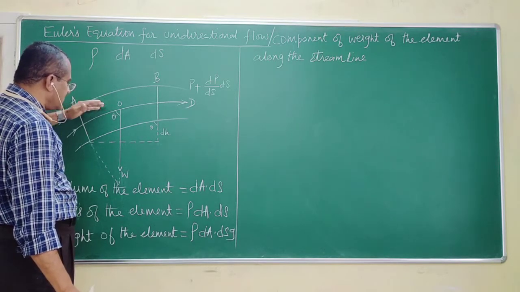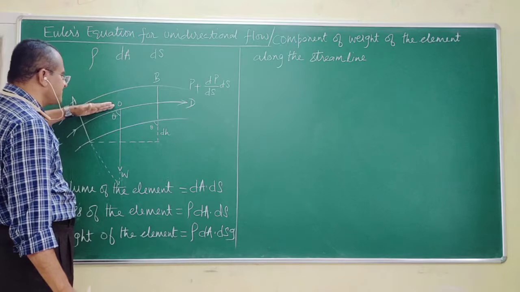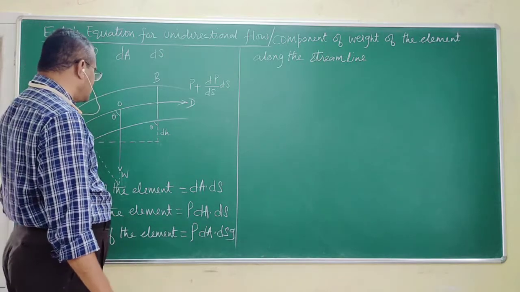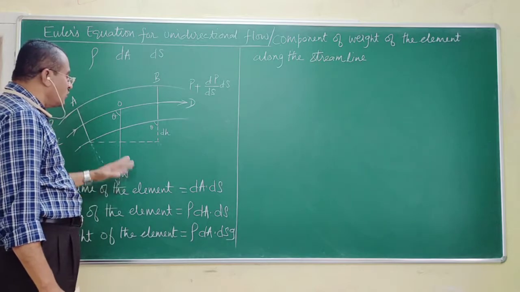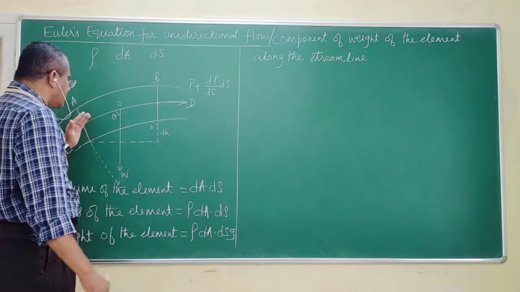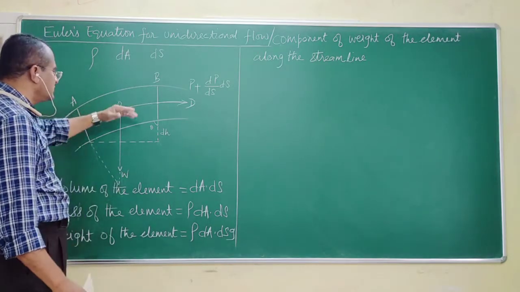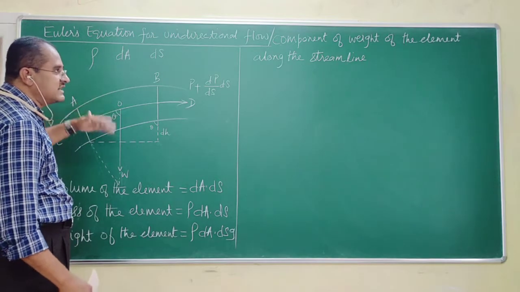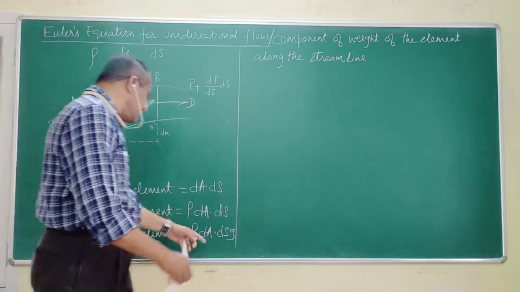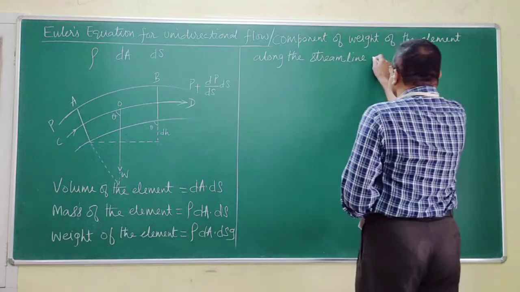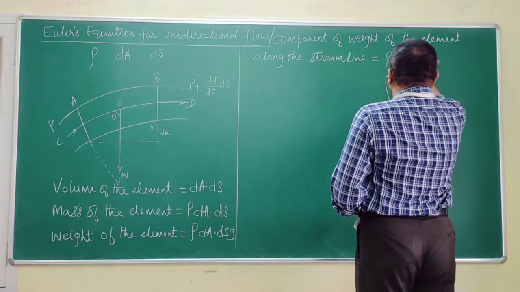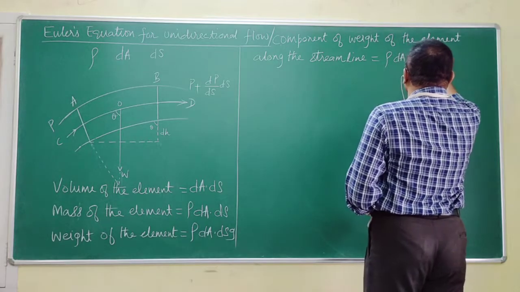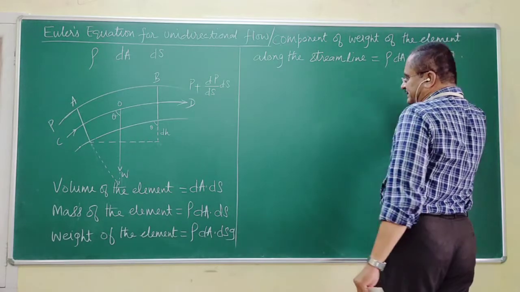This is the adjacent side, and the weight is acting along this direction. Now you have to find the component of weight along the streamline. Along the streamline means it is the adjacent side. Therefore, you have to multiply by cos theta. Therefore, I get this as equal to rho dA ds g into cos theta.